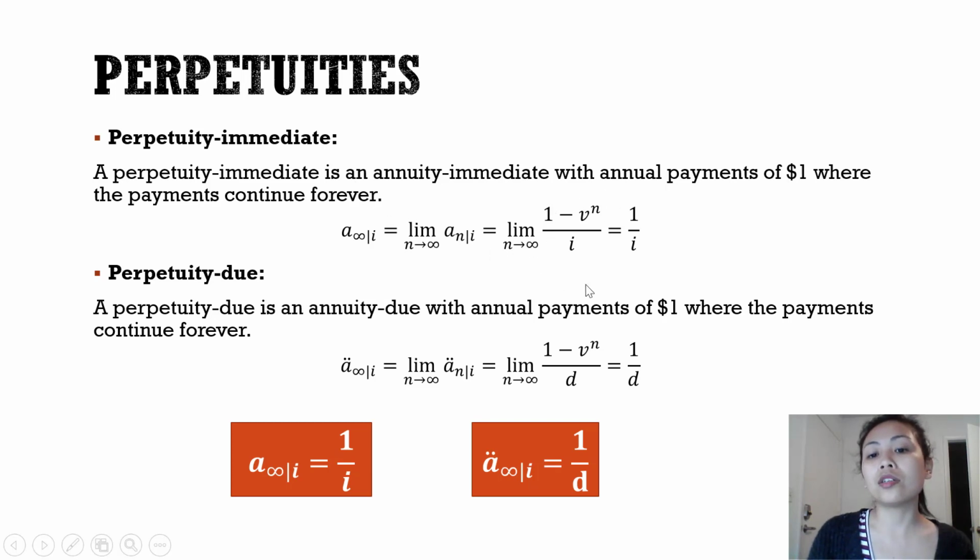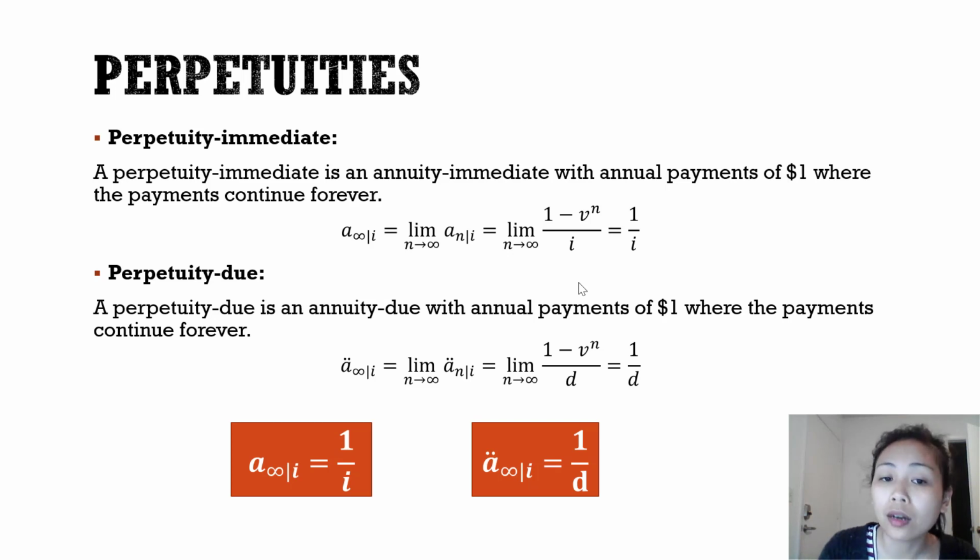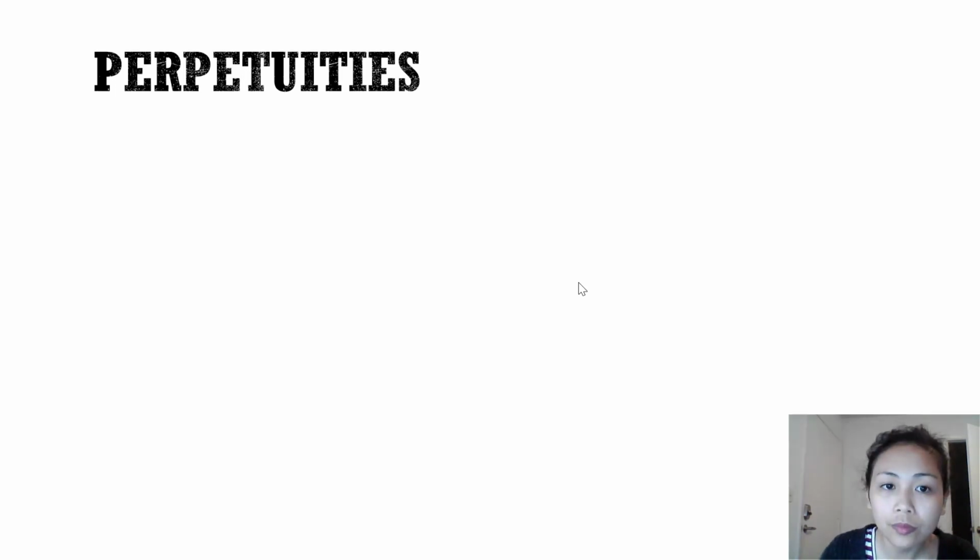This is very easy to reproduce the formulas. If in case when you go to the testing room you forget the formulas of perpetuity, just remember perpetuity is basically the annuity with infinite payments. So just take the limit and go to infinity.